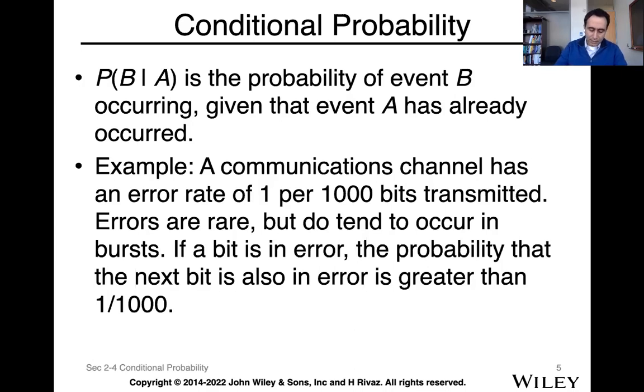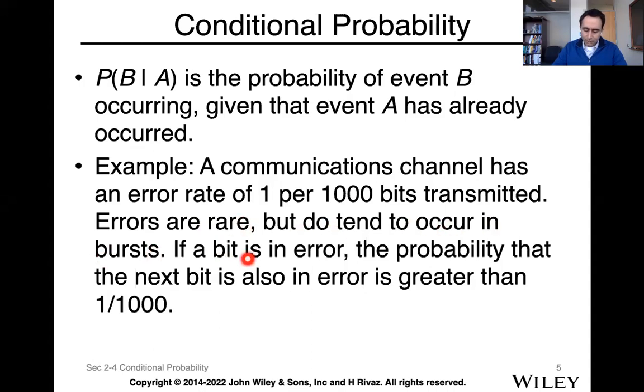So P of B given A is defined as the probability of B given that A has already happened, right? As an example, we have a communication channel which has an error rate of 1 per 1,000 bits, right? So that means that errors are rare, but they do tend to occur in bursts, right?